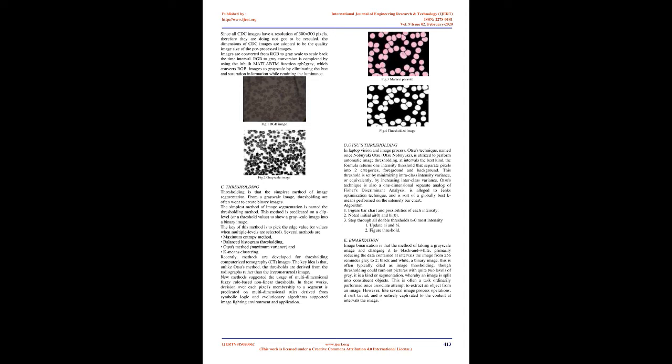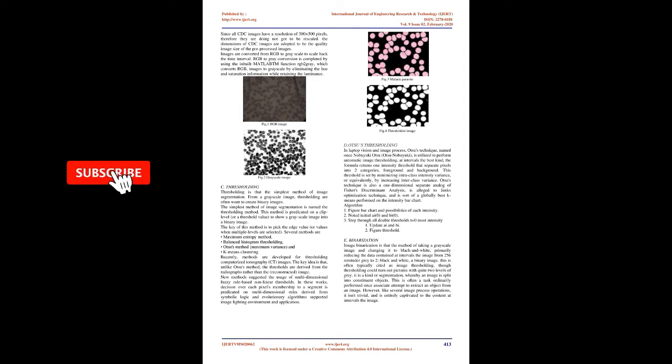The key idea is that, unlike Otsu's method, the thresholds are derived from the radiographs rather than the reconstructed image. New methods suggested the usage of multidimensional fuzzy rule-based nonlinear thresholds. In these works, the decision over each pixel's membership to a segment is based on multidimensional rules derived from fuzzy logic and evolutionary algorithms based on image lighting environment and application.